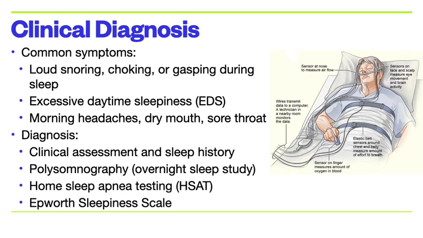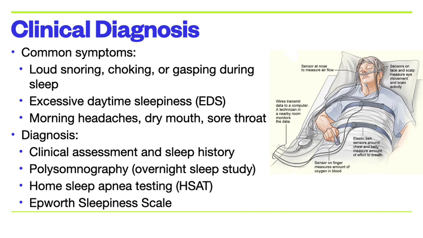A diagnosis is made by doing a sleep study. The physician does some clinical assessment, takes a history of your sleep, and there's a polysomnography test that is done, an overnight sleep study where you sleep and they connect a couple of wires to your body, and it gives an indication of how well you're sleeping.